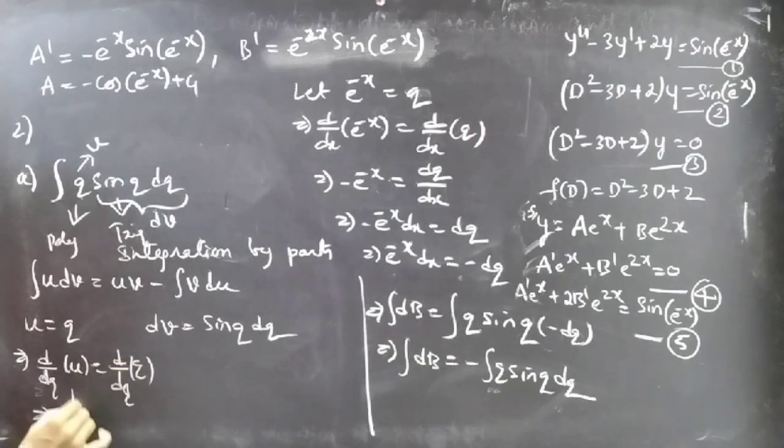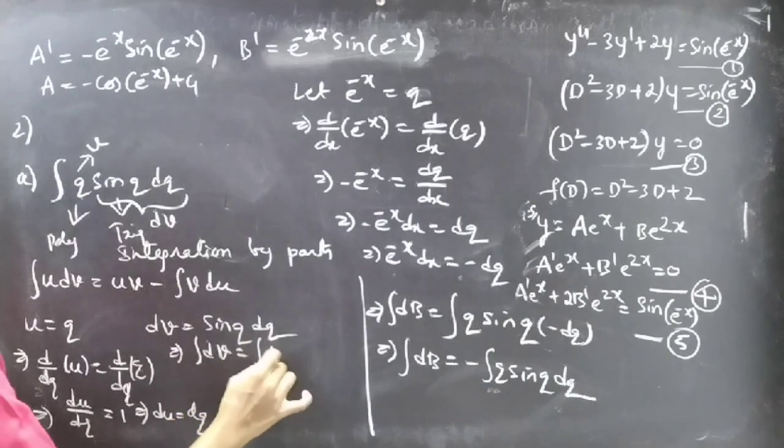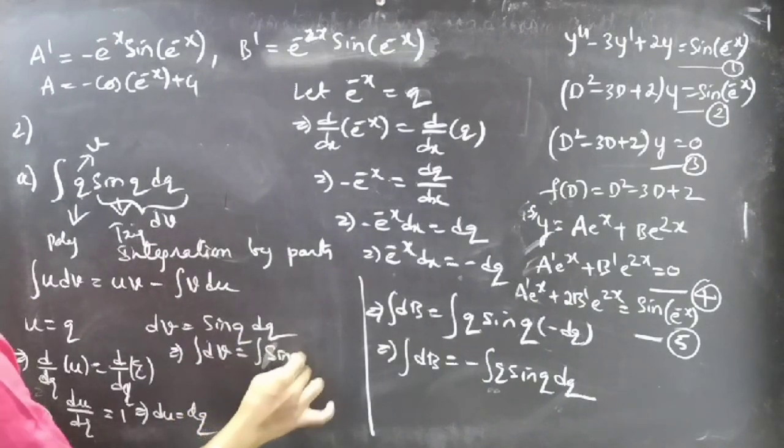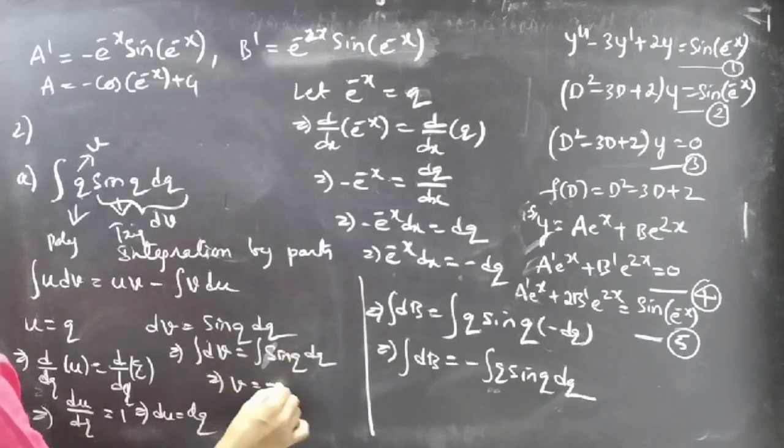We'll get du by dq equal to derivative of q with respect to q is 1. From this we'll get du equal to dq, right? And here integrate on both sides. We'll get v equal to integral sine q dq is minus cos q.